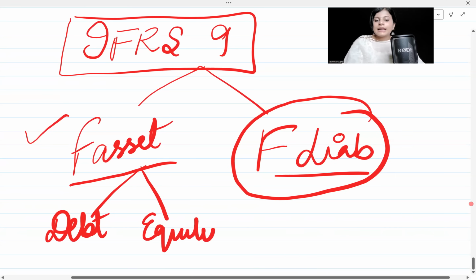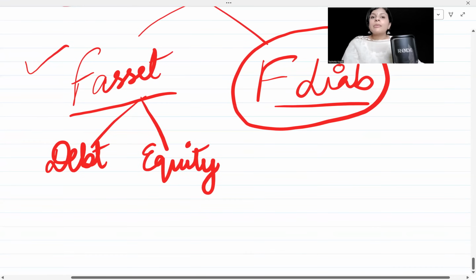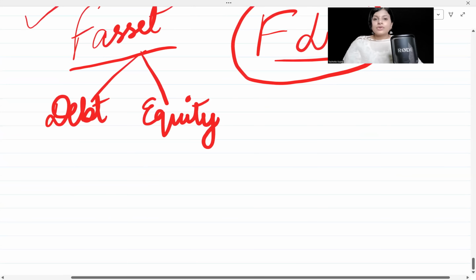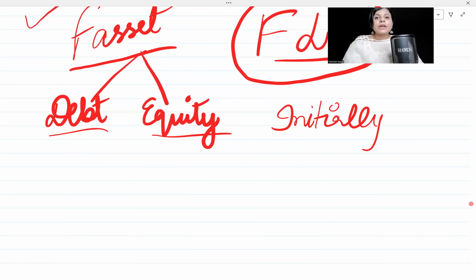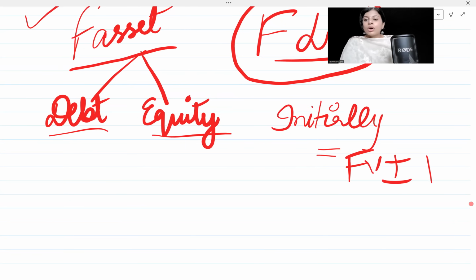So if you buy debentures or bonds of a company, we call that a debt instrument. If you buy shares of a company, we call that an equity instrument. Initially, on the date these things are recorded in the financial statements, all our debt and equity instruments are recorded at fair value plus or minus transaction cost.